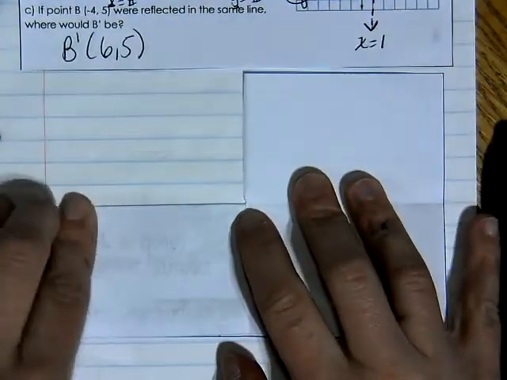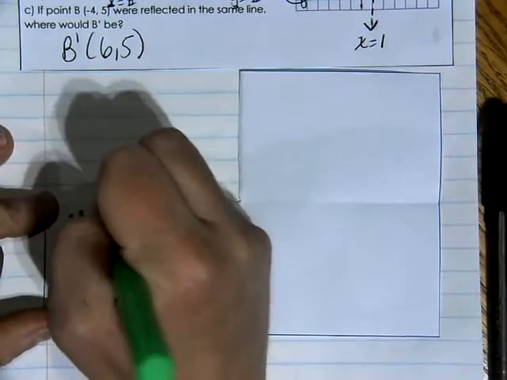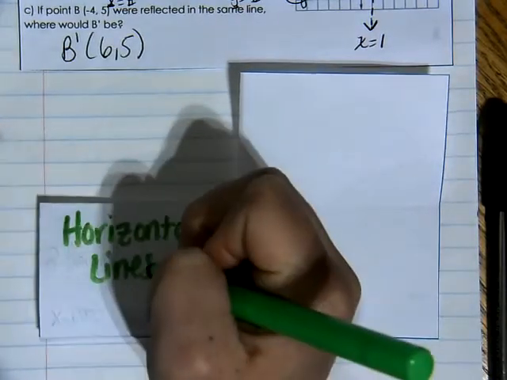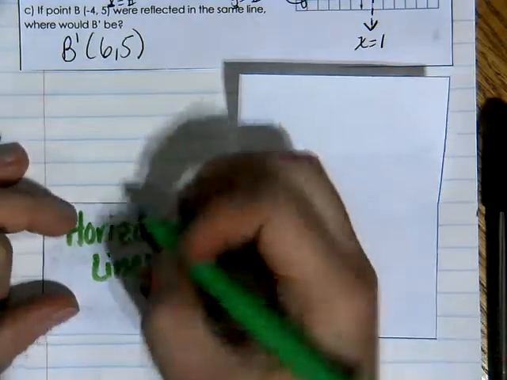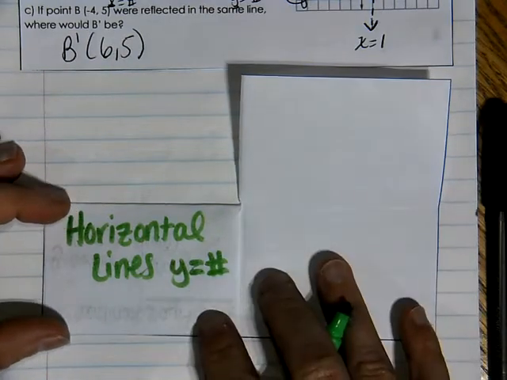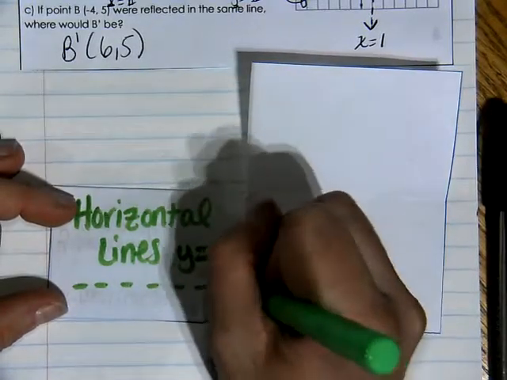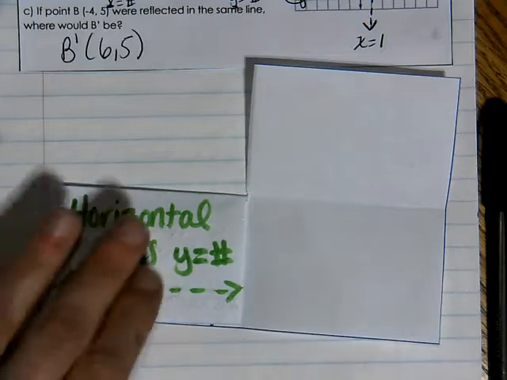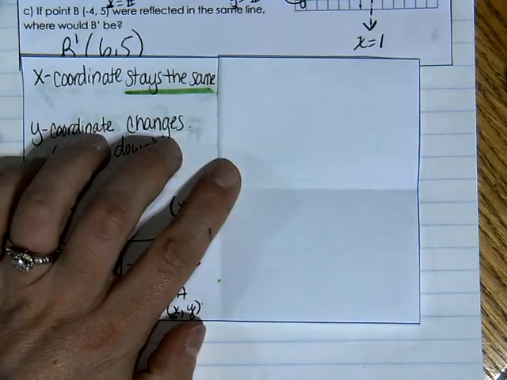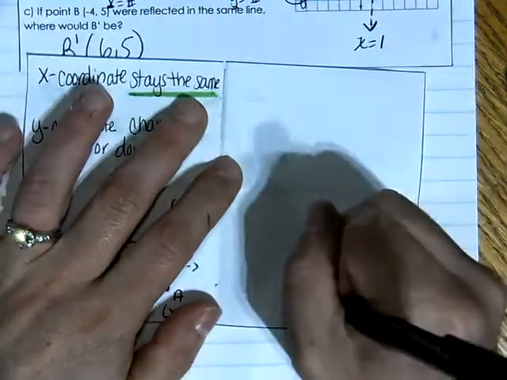That's what I want you to know about horizontal lines. That's where you have y equals a number. The next one is a vertical line. And for our vertical line, let's go ahead and draw a coordinate plane down here.